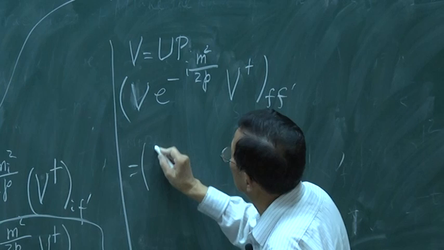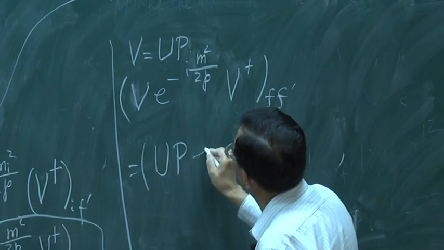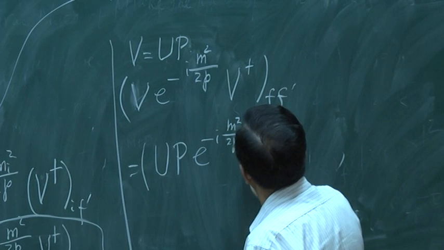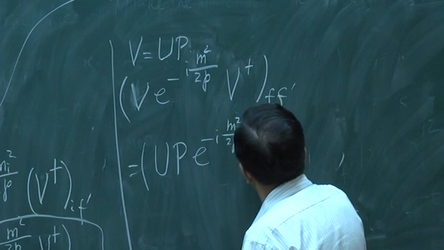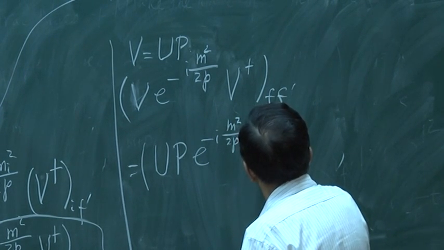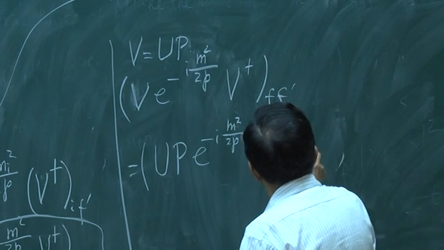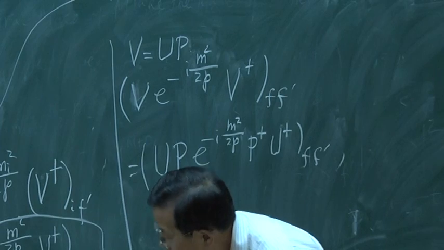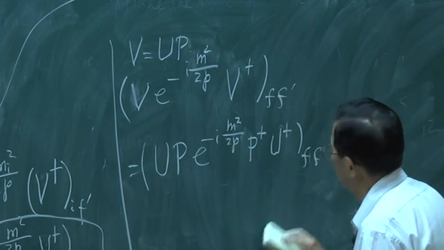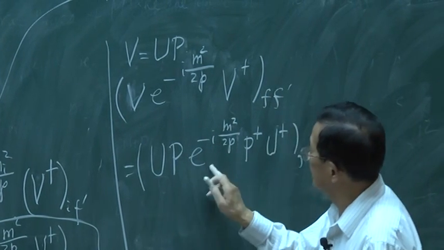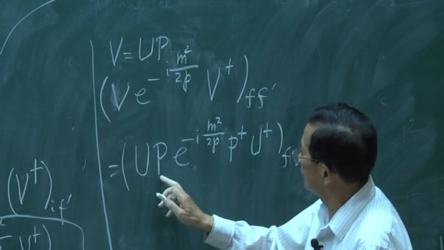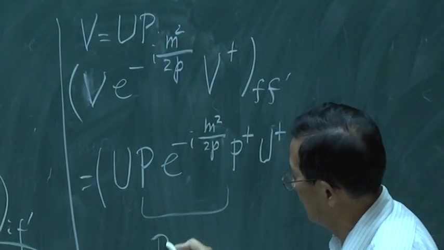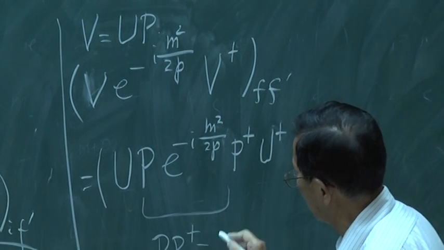Now P is diagonal, so this P and that commute, and you see that P P diagonal equal to 1.